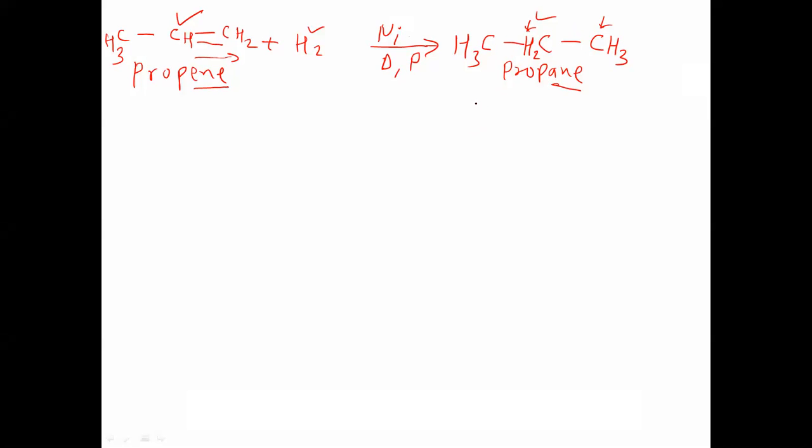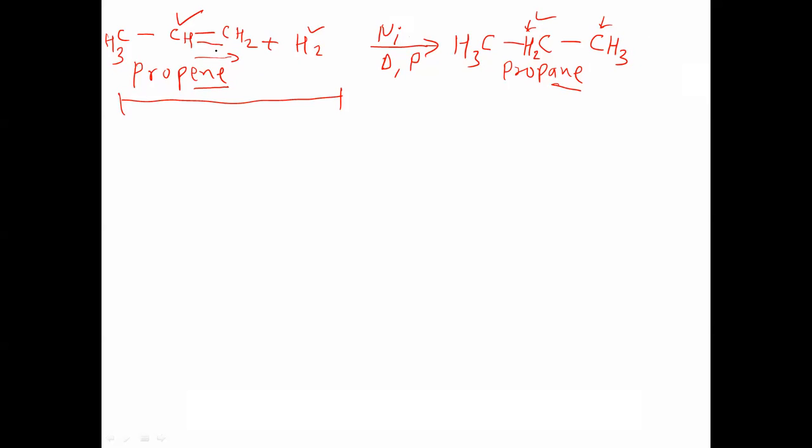You can guess atom economy without even calculation. How? Very simple. If you look at the product side, there is no byproduct. Means what? Reactants are propene and hydrogen. These two are reactants.